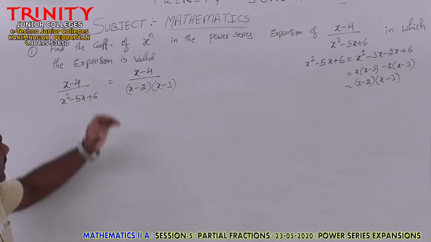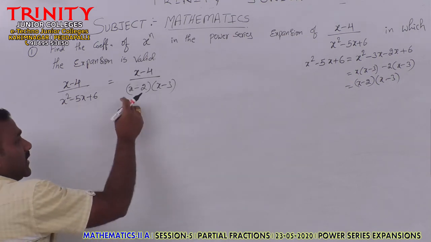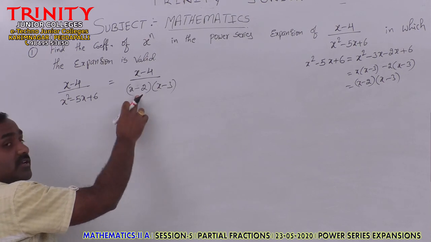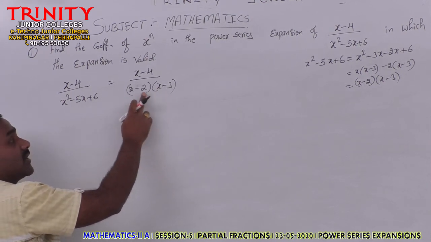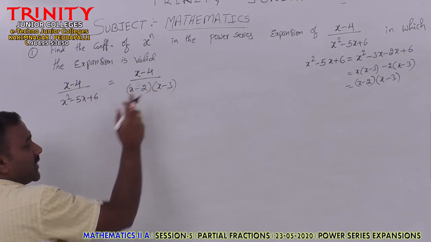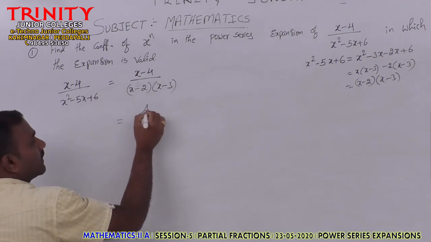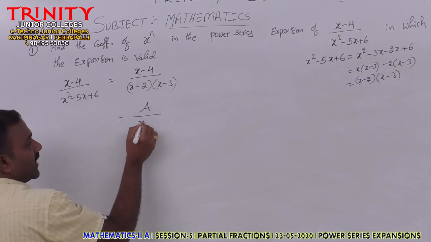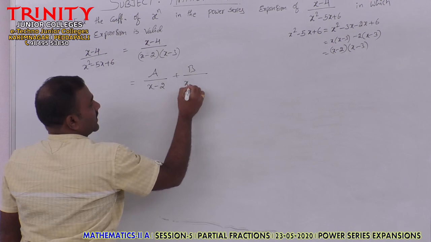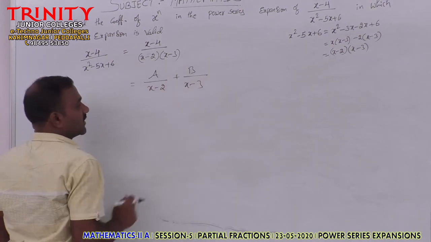Now we can go for expressing it as a sum of fractions. Here g of x is the product of two linear factors, which are non-repeated linear factors. Therefore, we can write them as a sum of fractions like this: a constant by the first factor plus a constant by the second factor.